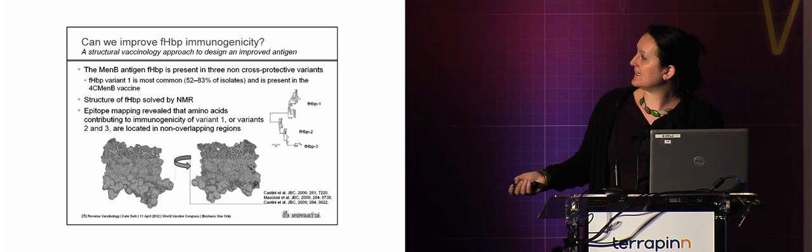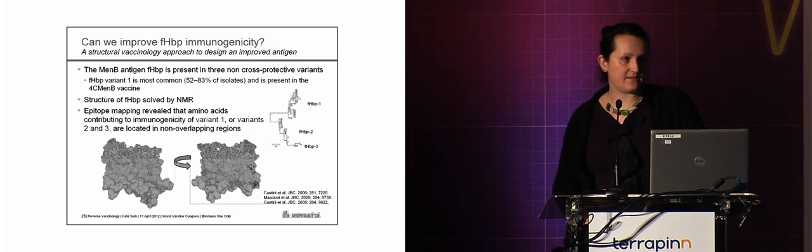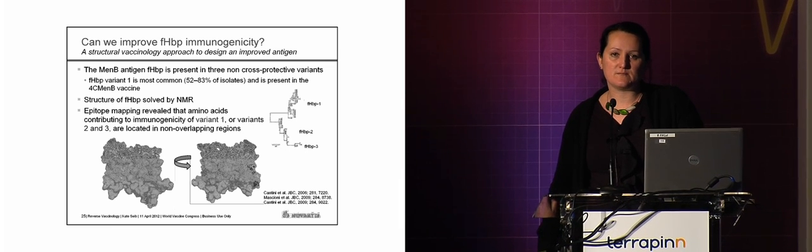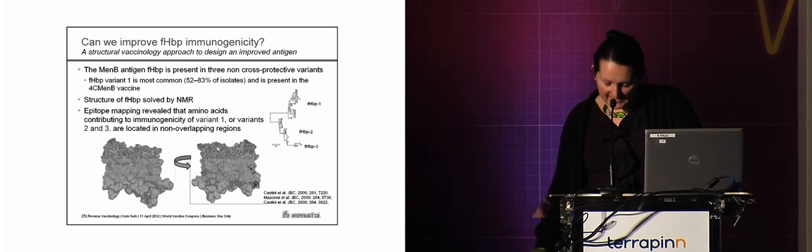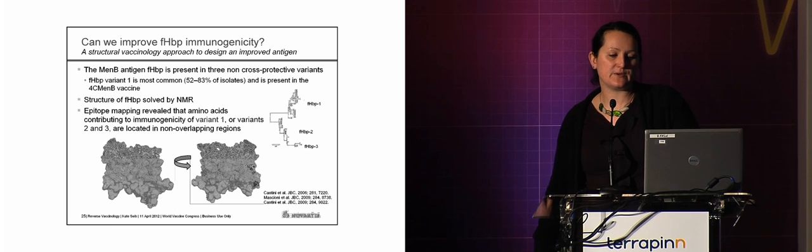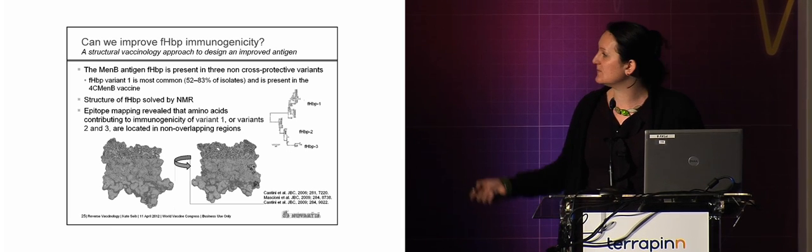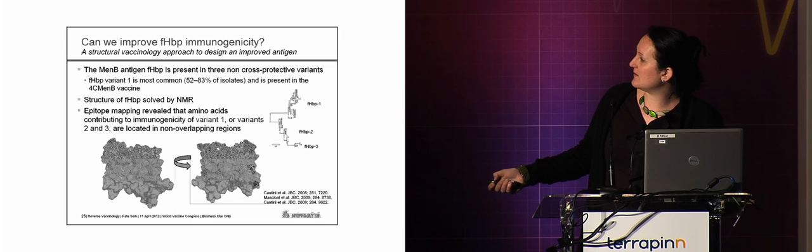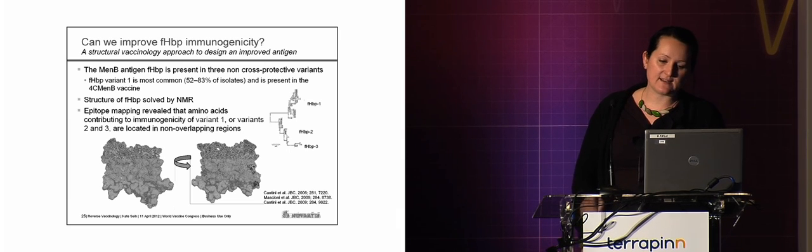So firstly, the structure of FHBP variant 1 was solved, and then epitope mapping using monoclonal antibodies that were specific for each of the variants was performed. And it was found that amino acids contributing to immunogenicity of variant 1, shown in red, or variant 2 and 3, shown in blue, are located in non-overlapping regions.